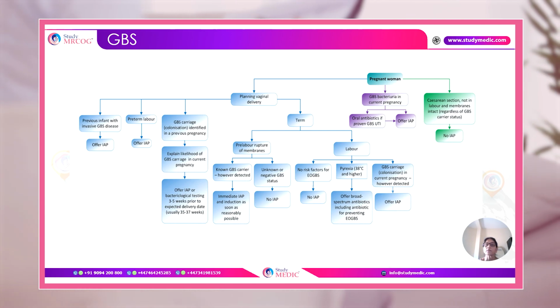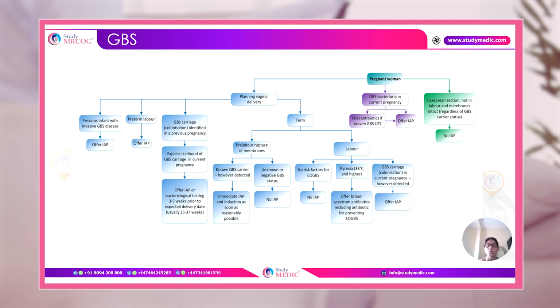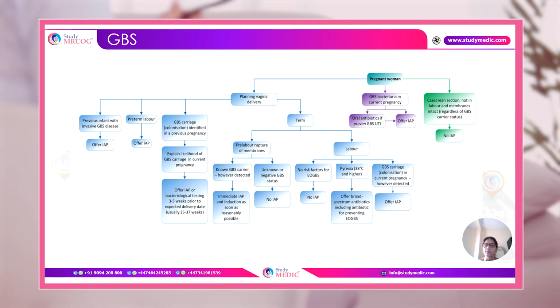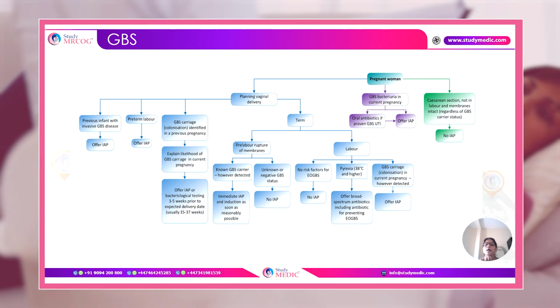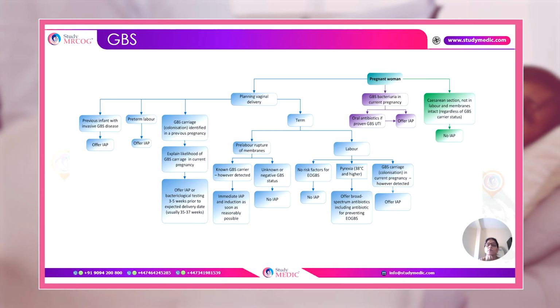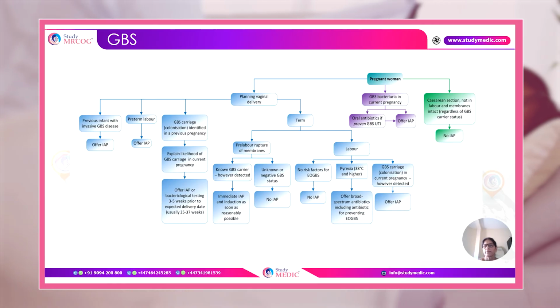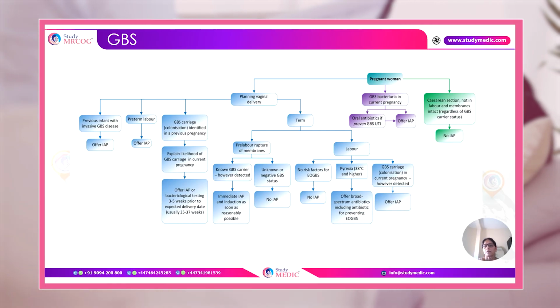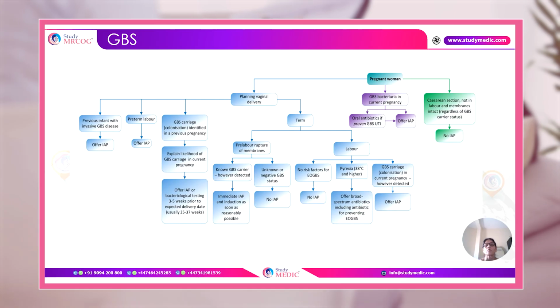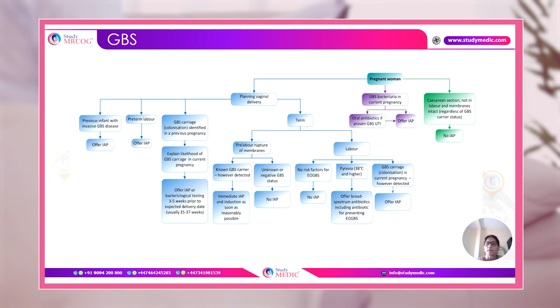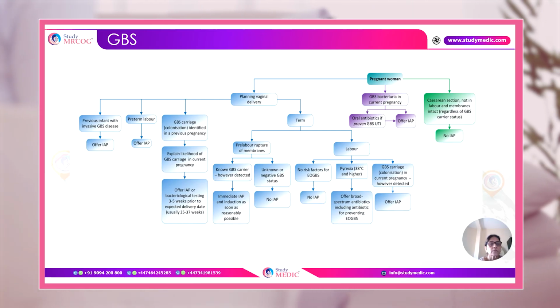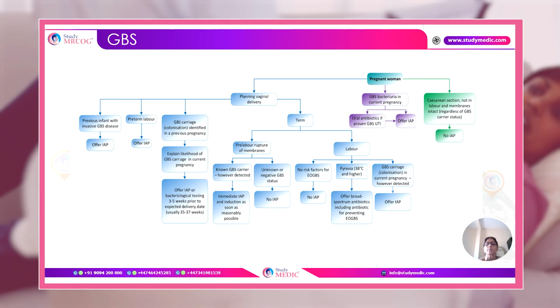So whenever you are doing a planned cesarean section for any woman, where the woman is not in labor and membranes are intact, irrespective of whether she is a GBS carrier or not, or if unfortunately she has had an intrauterine fetal death, then for these ladies there is no need to offer intrapartum antibiotic prophylaxis.